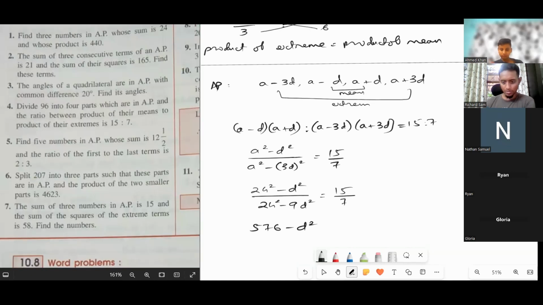576 minus D square upon 576 minus 9D square is equal to 15 upon 7. Here we will cross multiply.